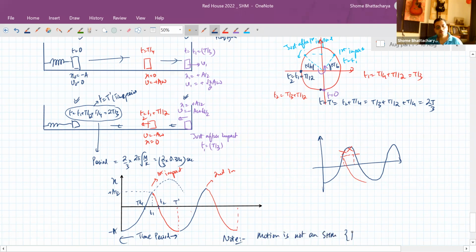It is like part of SHM, but incomplete. But it is periodic and it has a time period of this much. So hope the method of calculation is clear in this case, people.